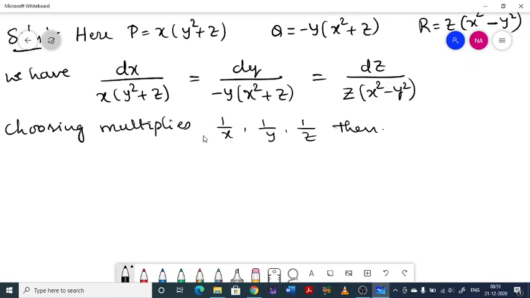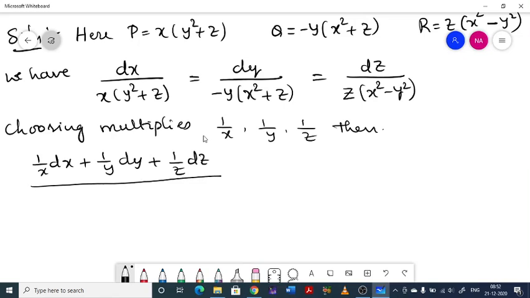Then we will be having 1 by x into dx plus 1 by y into dy plus 1 by z into dz divided by, x cancels here, so I'll get y square plus z, minus y cancels here, minus x square minus z, plus z cancels here, x square minus y square. So x square cancels, z cancels, y square cancels.